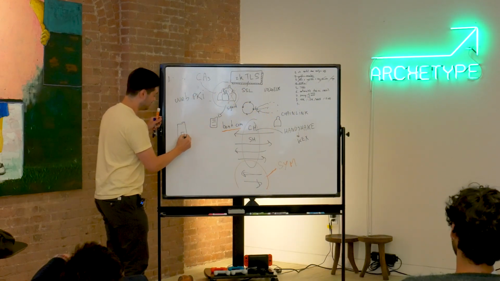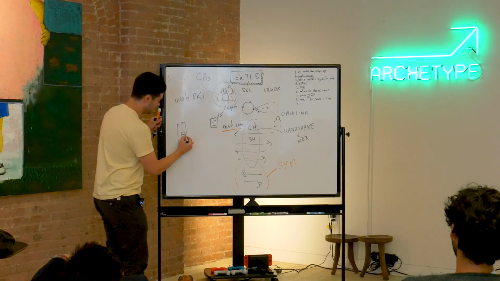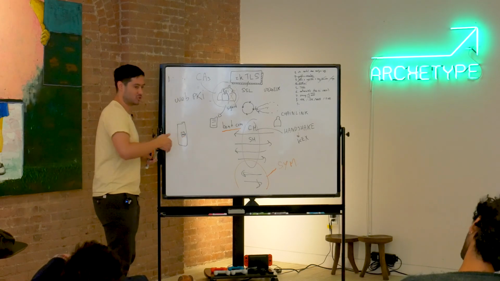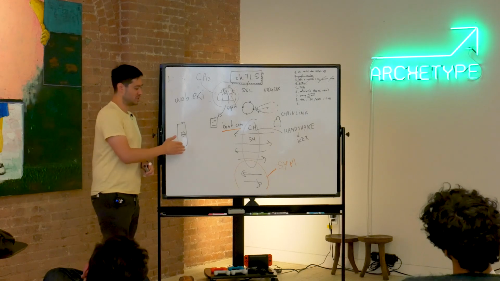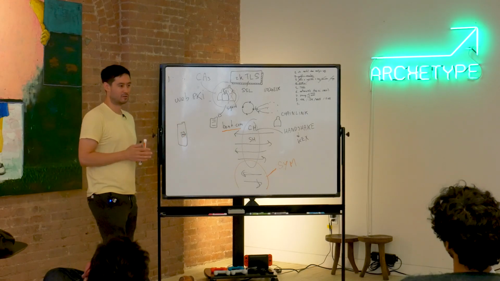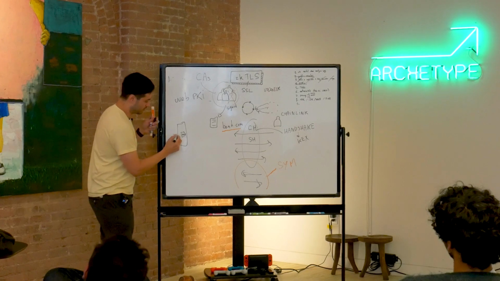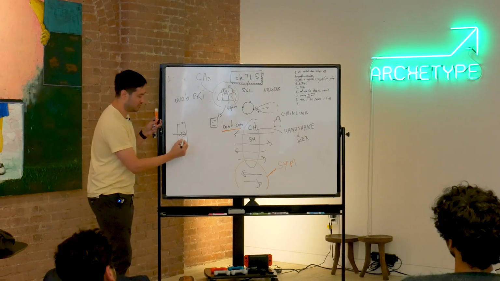So I don't know how I'm going to illustrate that, but this is a computer, and there's a chip here. This is like SGX, and you say, SGX, run this thing, maybe with some secret keys inside of it.